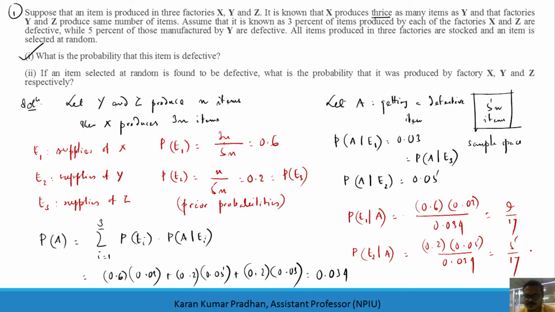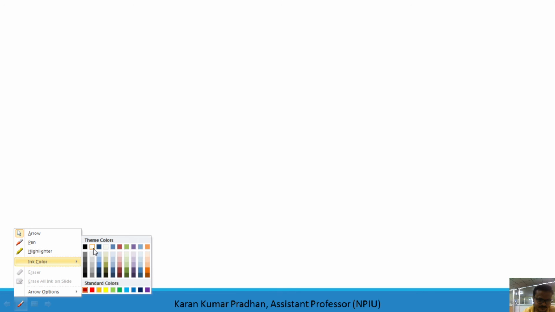Okay, so now let's go for the last one. That can be found as the probability of E3 given the taken item is found defective, which is 0.2 times 0.03 divided by 0.034.